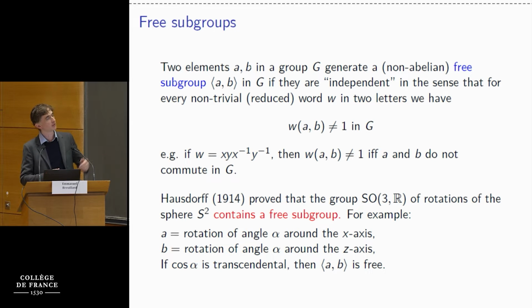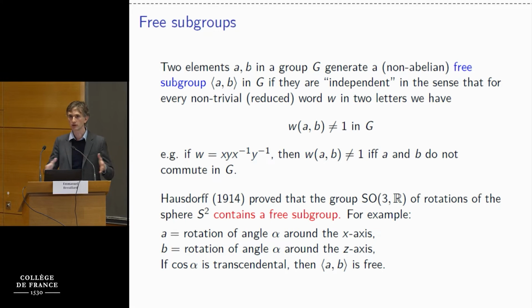Here's an example. Hausdorff's example is slightly different from this one, but in the same spirit. You take two rotations of the same angle, one around the x-axis, the other around the z-axis, and you suppose that the cosine of the angle is a transcendental number. Then the group generated by A and B is free. The way Hausdorff proves this is by bare hands: he computes the words.